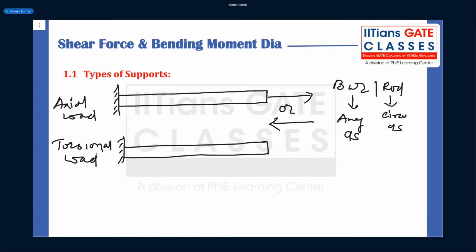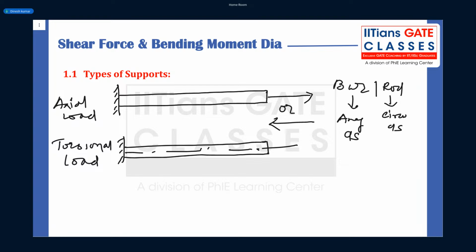What is z axis? I have not defined any axis here. Exactly, Kaushik. It is along length axis, or it is called the longitudinal axis. So this axis is known as what? Longitudinal axis.